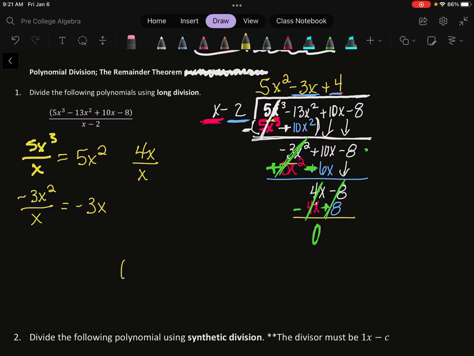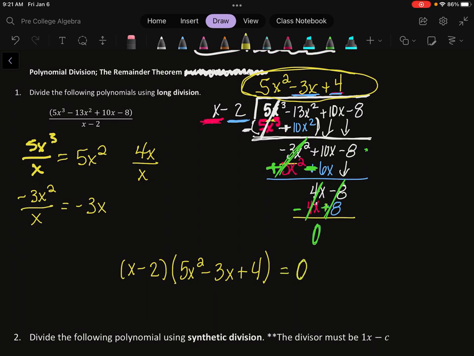So it's that they have x minus 2, which is the denominator there, times what we got up here, which is 5x squared minus 3x plus 4, plus 0. And if the 0 was really a 5 or a negative 17 or a 20, we would put that right here. And then that would be our answer.